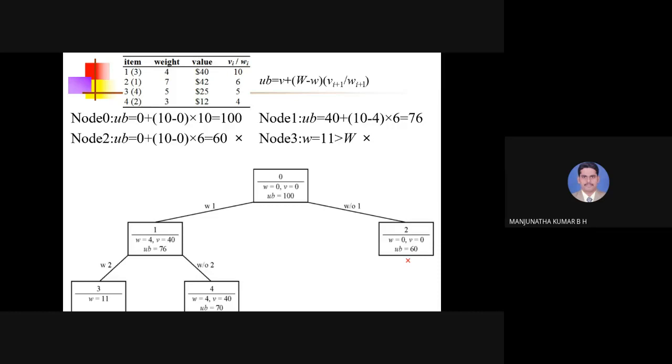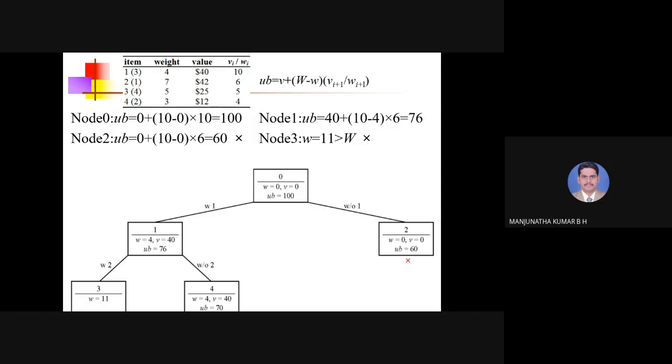Now what do I have to do next? I have two child nodes here. In these two child nodes, which node is best? How to decide the best node? See the upper bound value. Node 1 upper bound value is 76. Node 2 upper bound value is 60. Since in this problem I want the maximum profit, I go with the maximum value.